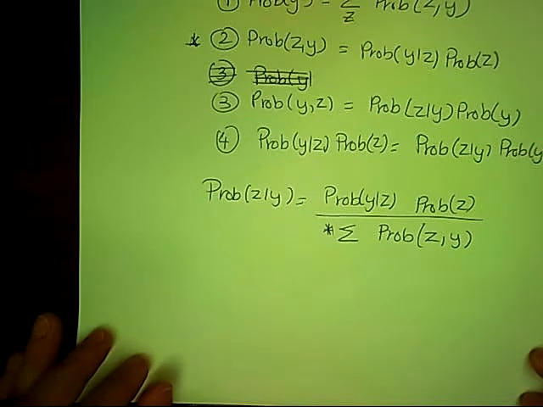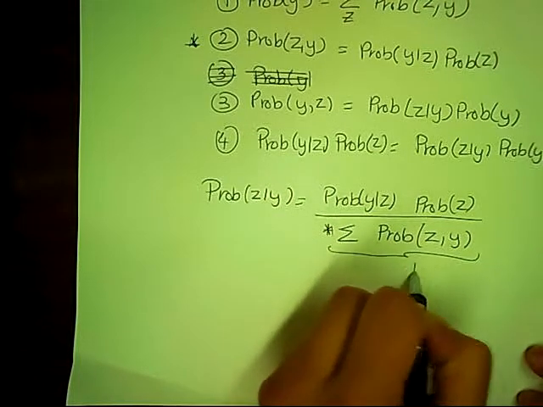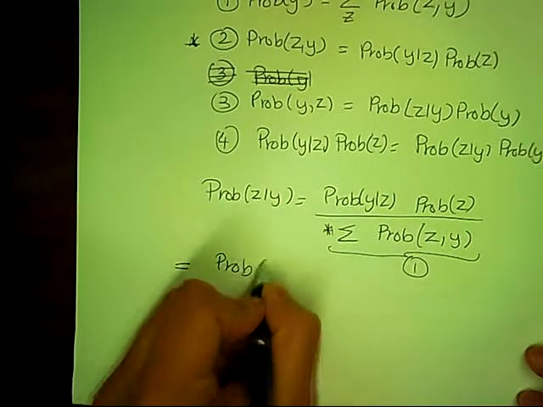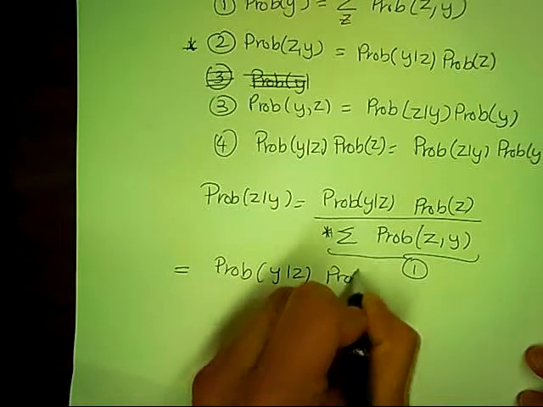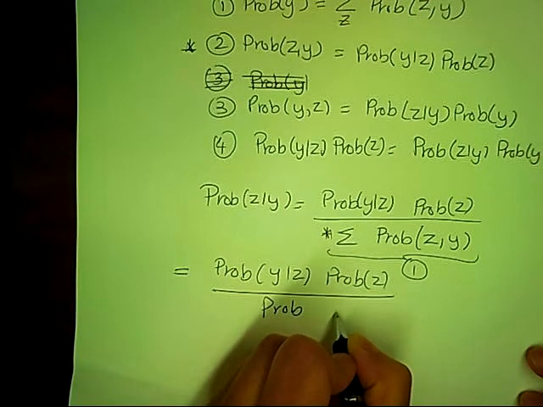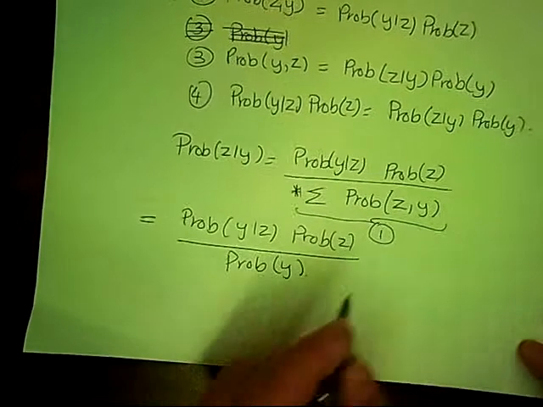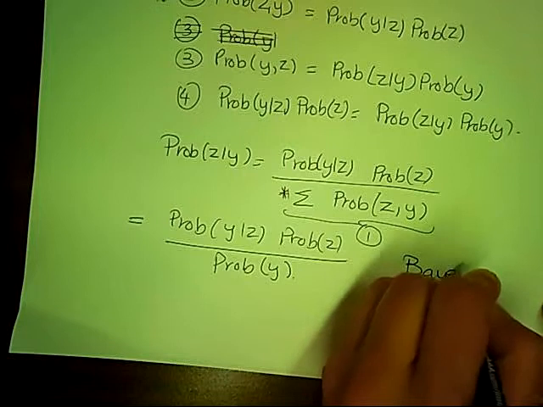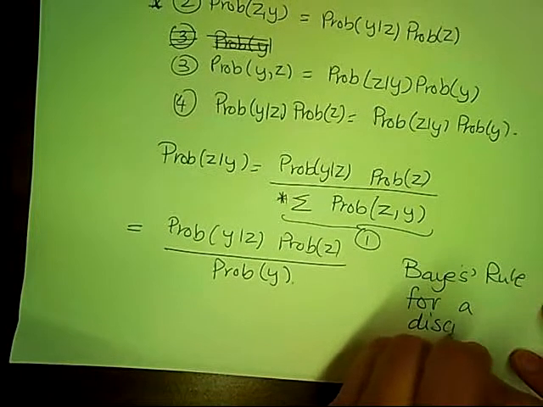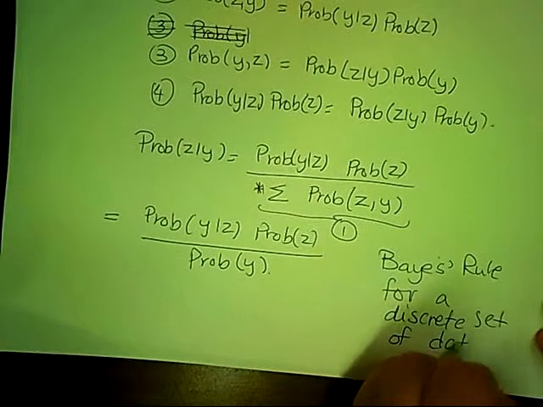Now, we know the summation of the probability of z and y from property 1. So then Bayes' theorem becomes equal to the probability of y given z times the probability of z over the probability of y, and that gives us Bayes' rule for a discrete set of data.